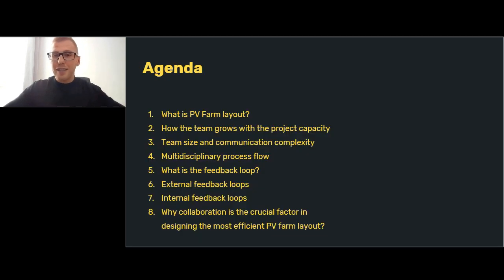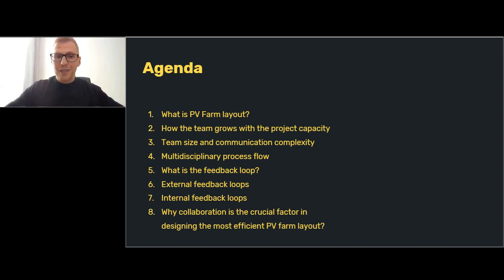Here is our quick agenda. We're going to talk about what PV farm layout is in general, how the team grows with the project capacity, design and pre-construction teams. Also, we're going to talk about team size and communication complexity. We'll dive deeper into the process flow for a typical utility scale PV farm project.